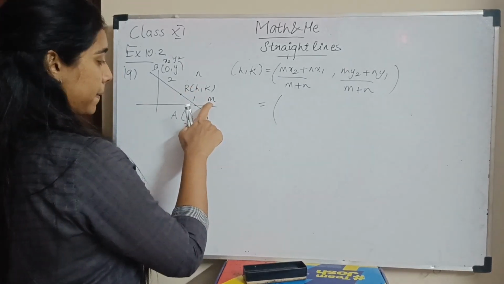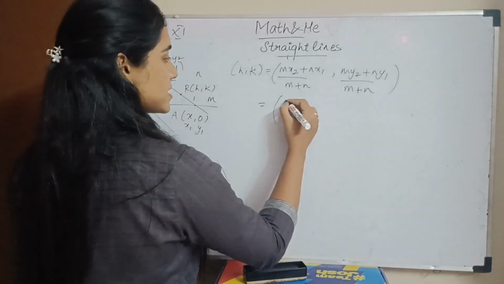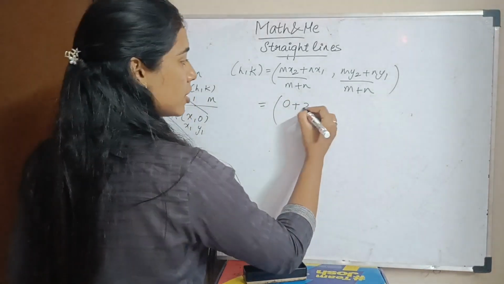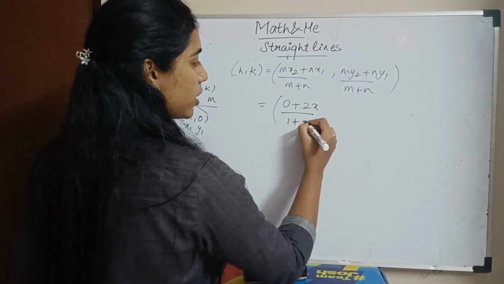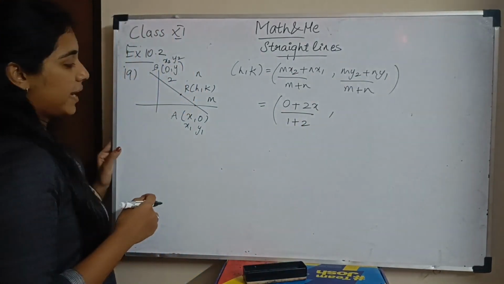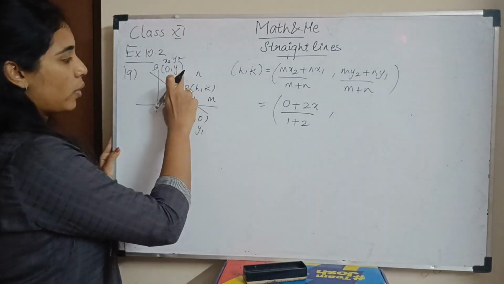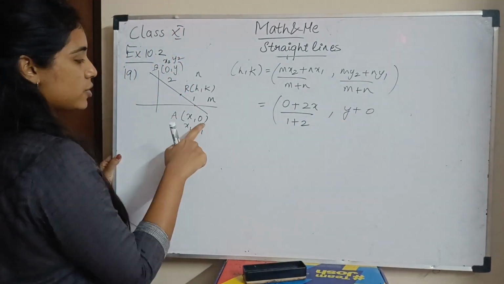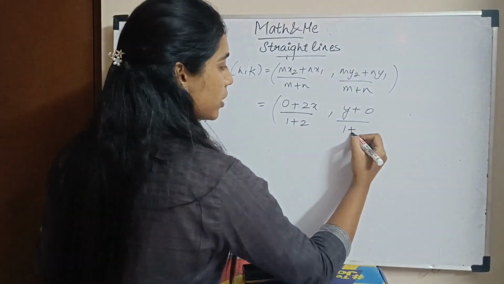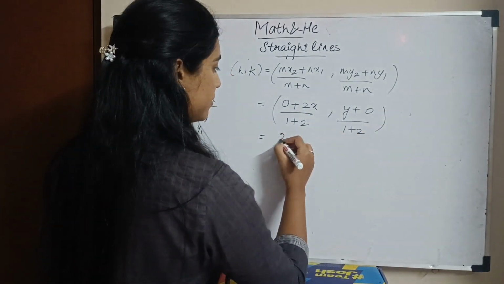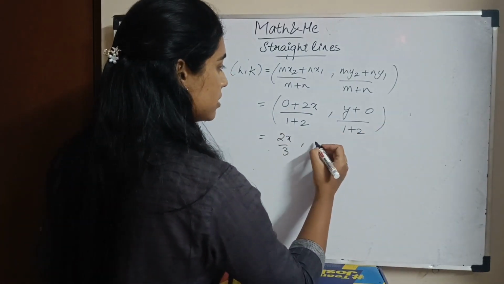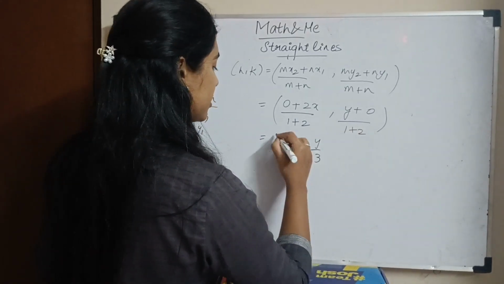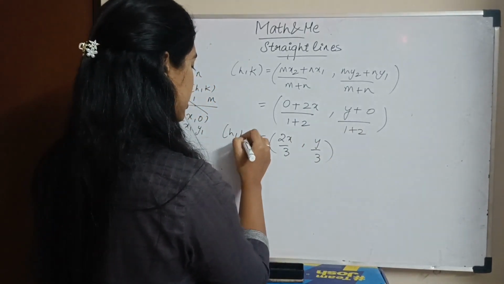So m x2 which is 0 plus n x1 which is 2x divided by 1 plus 2 comma m y2 which is y plus n y1 which is 0 divided by 1 plus 2. So what do you have? 2x by 3 comma y by 3 which is h comma k.